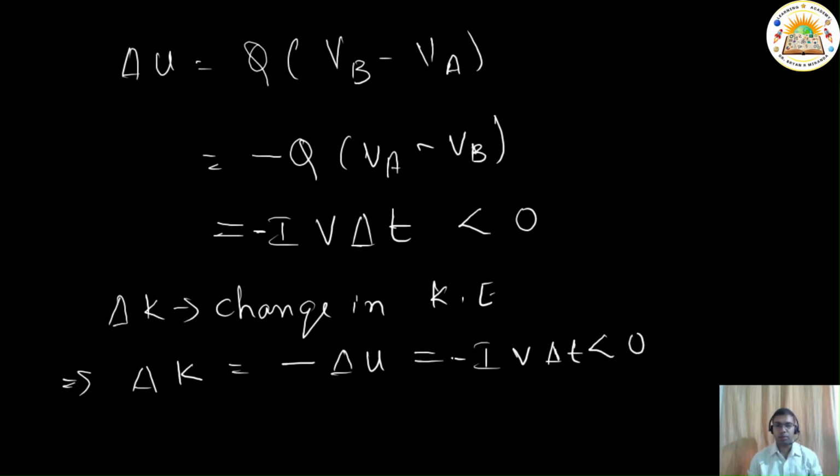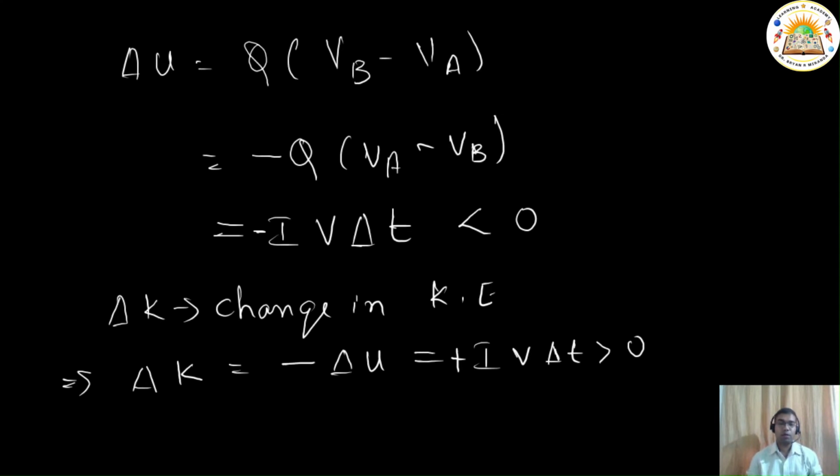There's a negative sign which comes because of delta U being negative, and that negative sign is lost when we substitute it here. So I get plus IV delta T, which is greater than 0. Why? Because negative was less than 0. The moment it becomes positive, it becomes greater than 0.